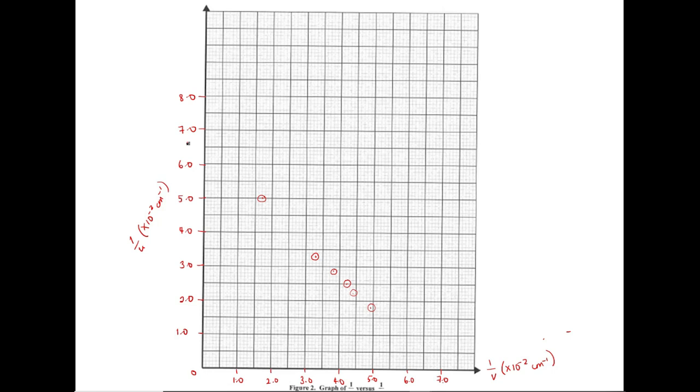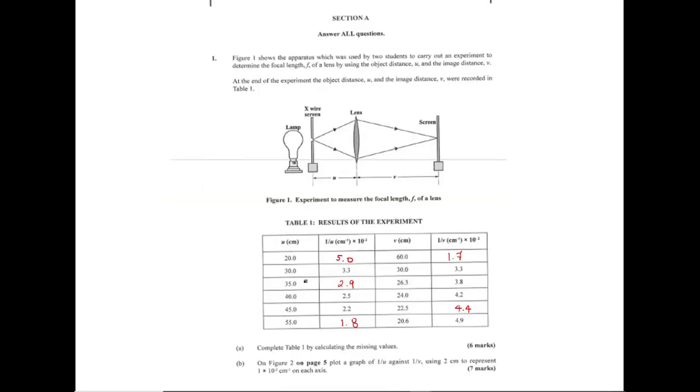Okay, so here we have the graph, and they told us exactly what to do. They said they want us to calibrate it at 2 centimeters each. So 1 square is 1 centimeter, so 2 squares will be 2 centimeters. So we calibrate it like that, and on the next side you realize a range. What I mean by range is starting from the lowest number to the largest number.